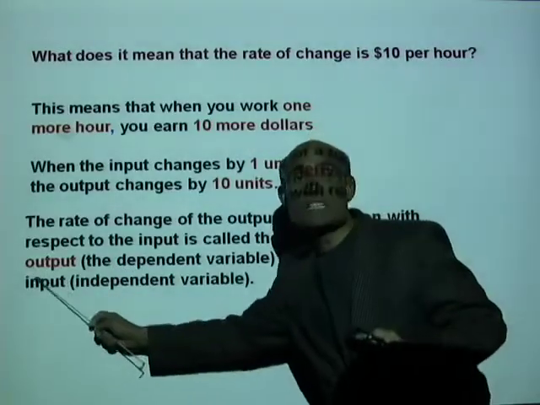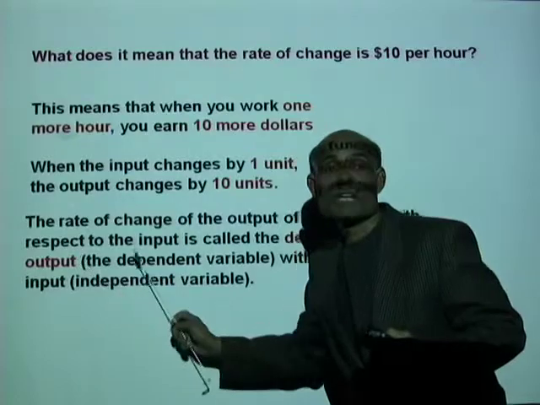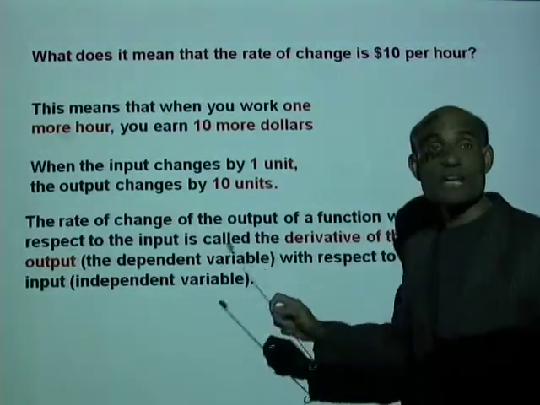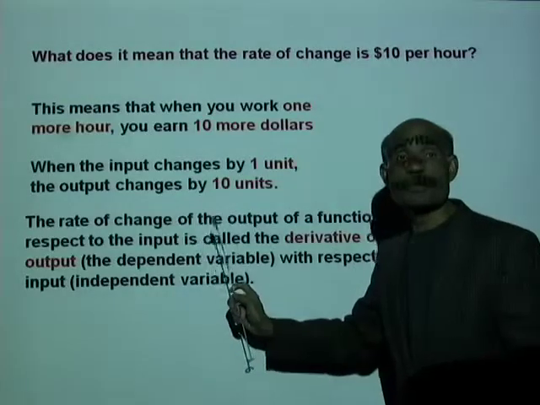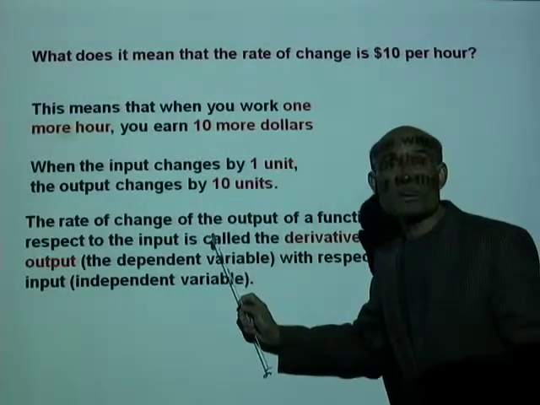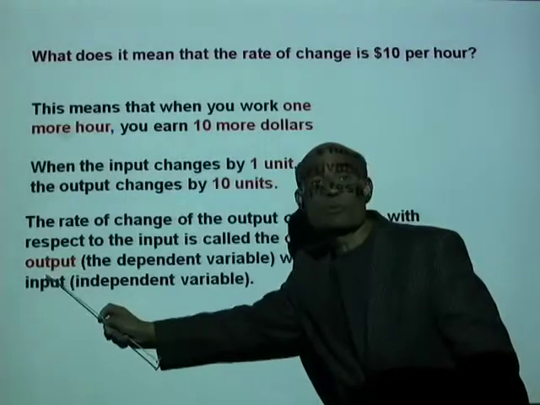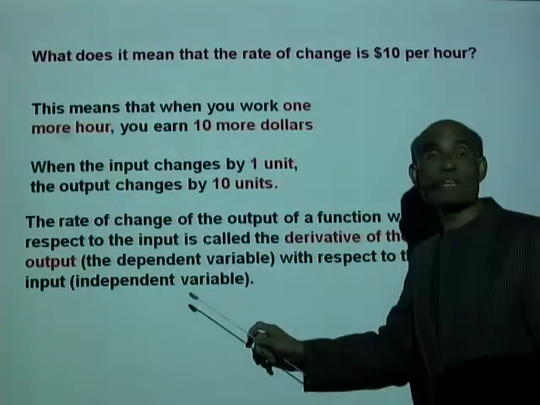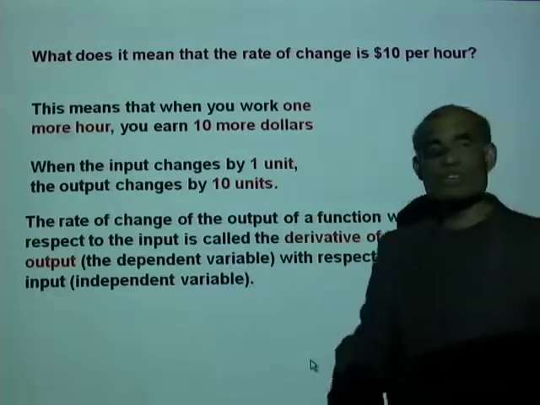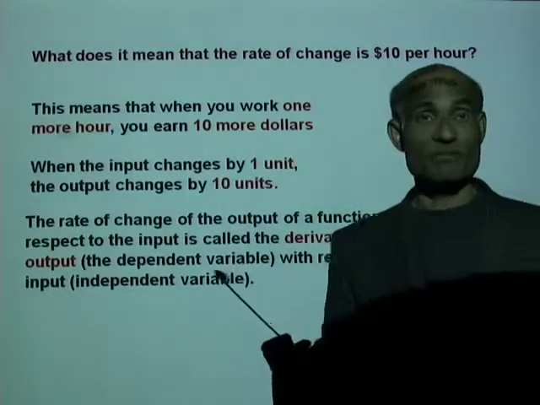Dependent variable is the output. The independent variable is the input. So the derivative of the function is the rate of change of the output, which is the dependent variable, with respect to the input. That is the definition of the derivative.